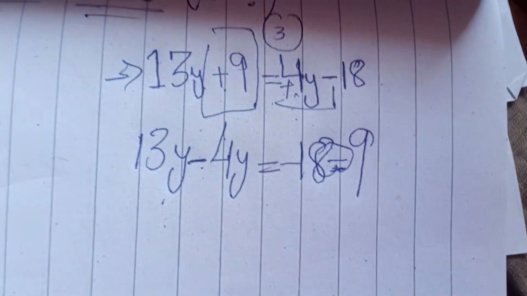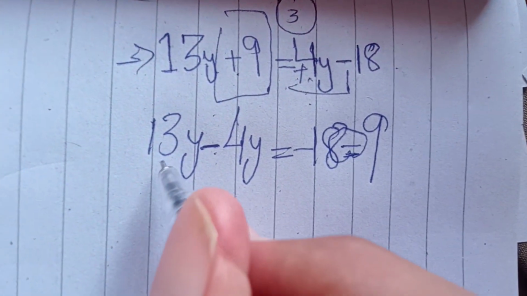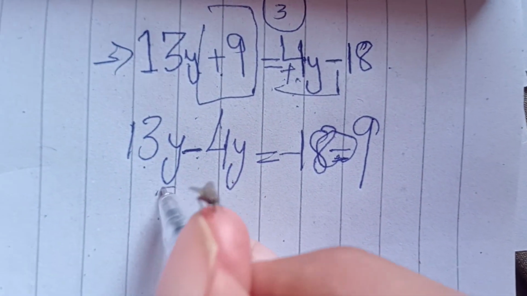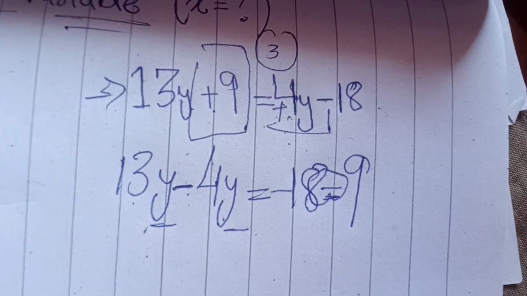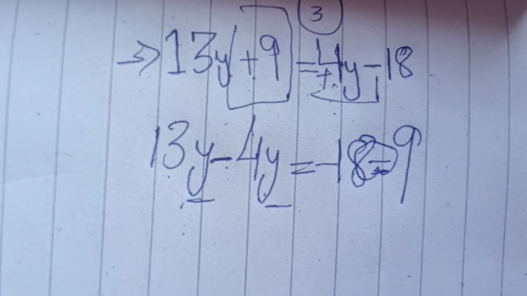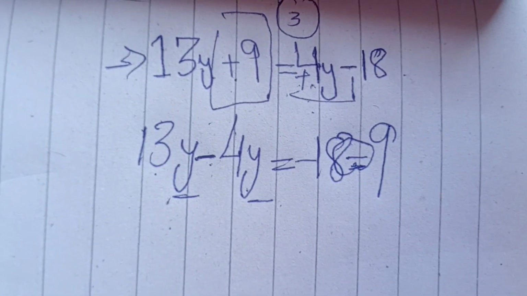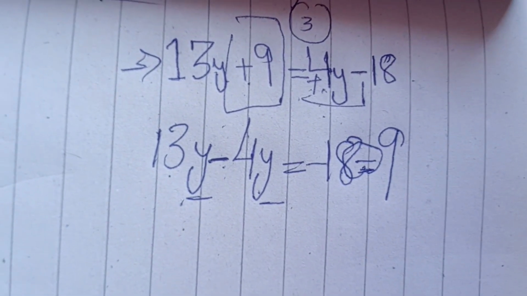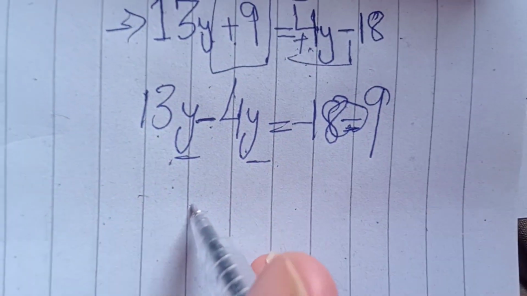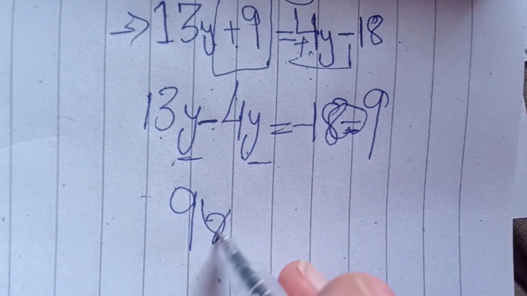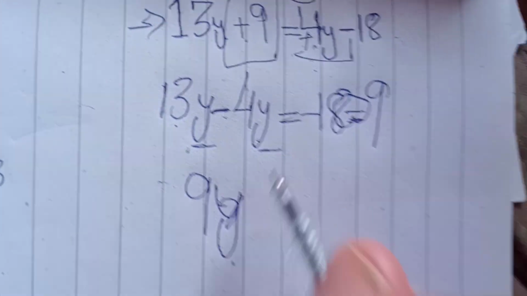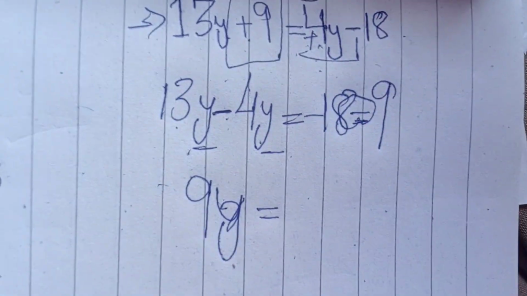Now 13y and 4y are the same variable, so we can add or subtract. When you have 13 apples and 4 apples are taken by me, how many remain? Yes, you are right, 9y. 9 apples remain for you.